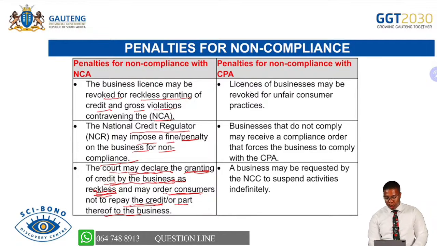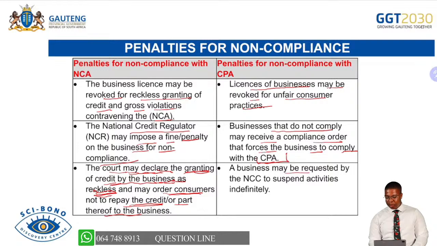Then penalties for non-compliance with the Consumer Protection Act: the license of the business may be revoked for unfair consumer practices, such as selling second-hand products as new products. That can mean that the license will be revoked. Businesses that do not comply may receive a compliance order, which forces the business to comply with the Consumer Protection Act.